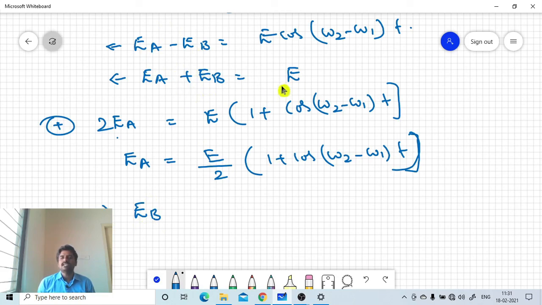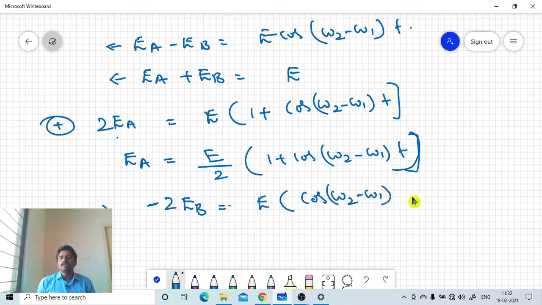Taking the minus this side, I will write one more step to remove your confusion: minus 2Eb is equal to this value minus this value, that is equal to E. I will take the common term, cos of (omega 2 minus omega 1) t minus 1.